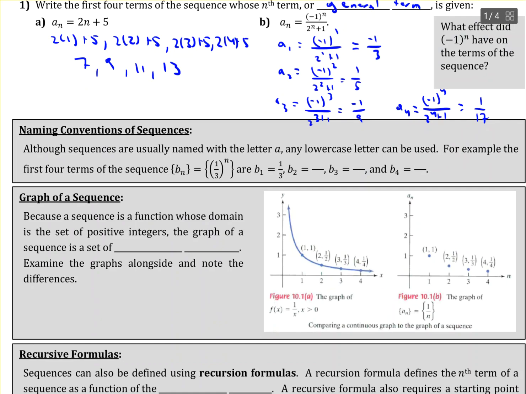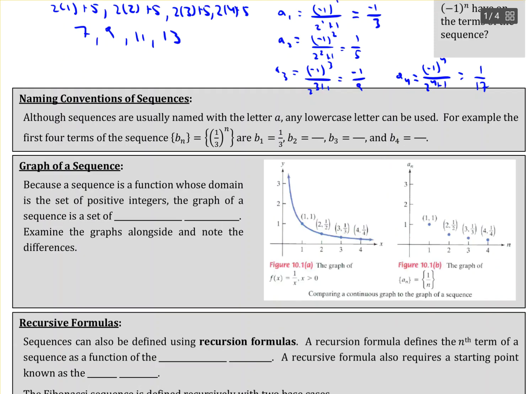And typically a is probably the most common letter to represent a sequence. We could use any lowercase letter. Typically, uppercase letters are saved for something else that we'll see in a few minutes, but you will still sometimes see sequences with uppercase letters as well. But the general convention is a lowercase letter.